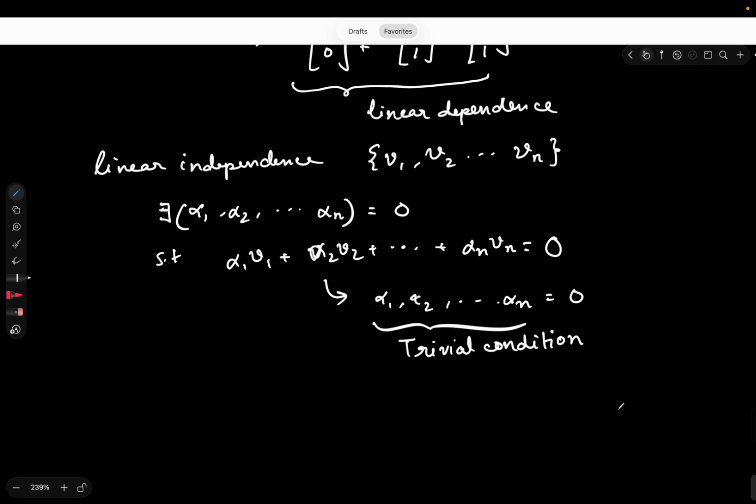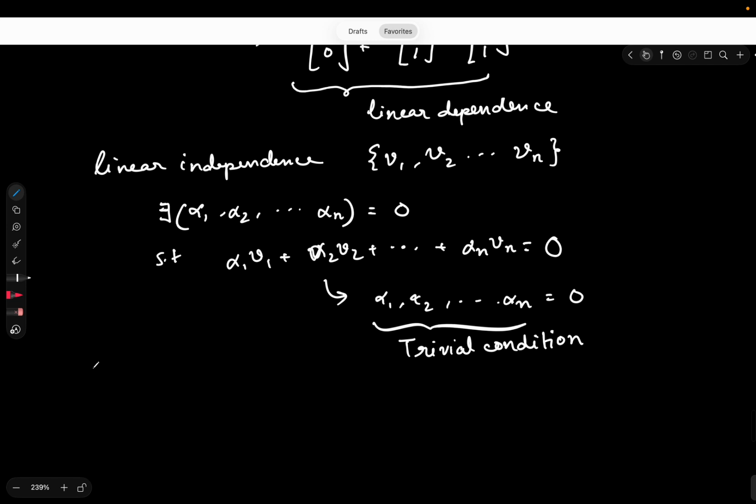Or if there exists any other solution to the equation alpha 1 v1 plus alpha 2 v2 plus dot dot dot alpha n vn equals 0, then those vectors are known to be linearly dependent. A basis of a vector space can never have vectors which are linearly dependent. They have to be linearly independent.